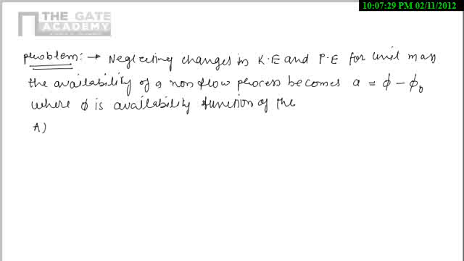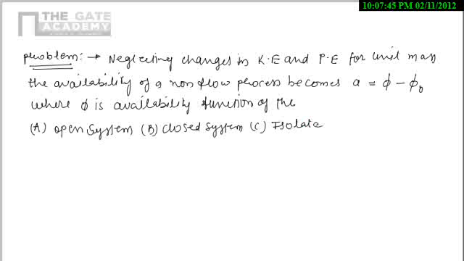the A option, that is open system, B option, it's closed system, C option, isolated system, and D option, it's steady flow process.